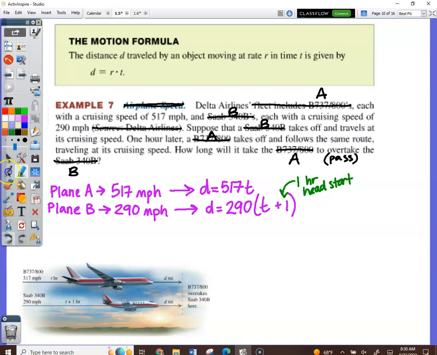All right, so let's take some notes. Set them equal since both equal D. This is why we're doing this.